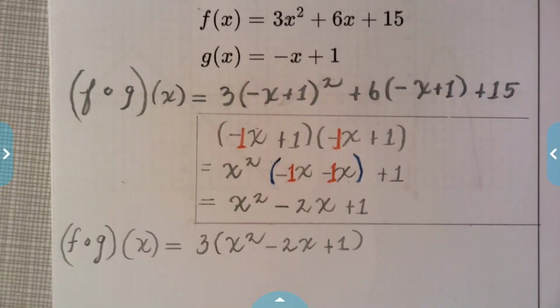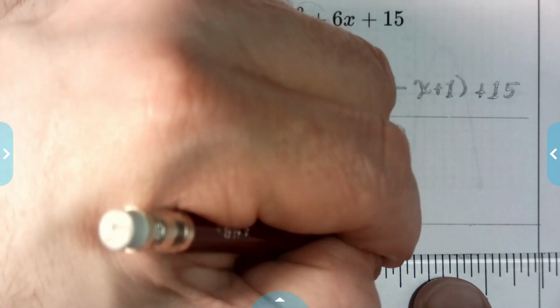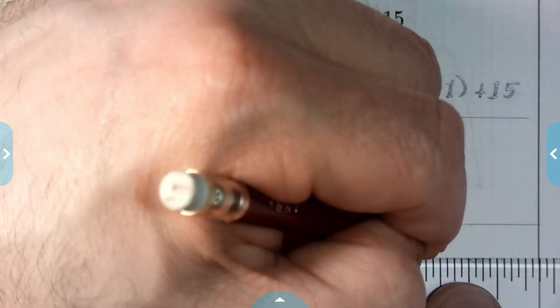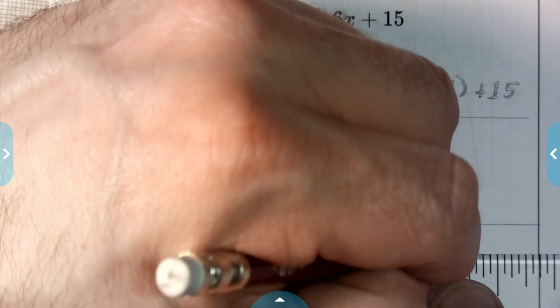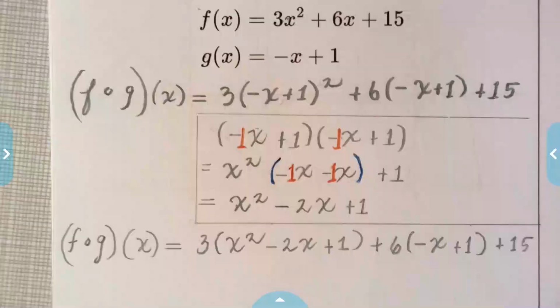Okay, so that's going to happen, and then we're going to do plus 6 times negative x plus 1 plus 15 at the end. So that's our task.